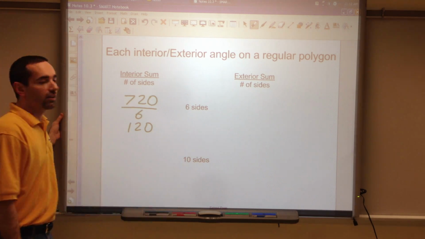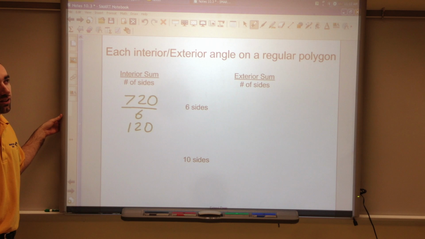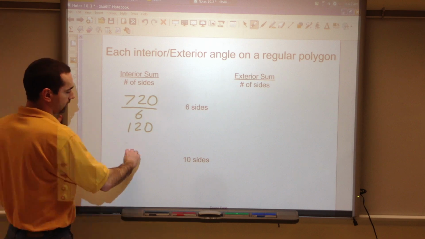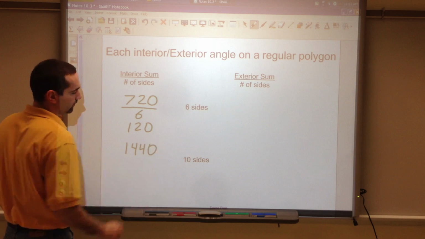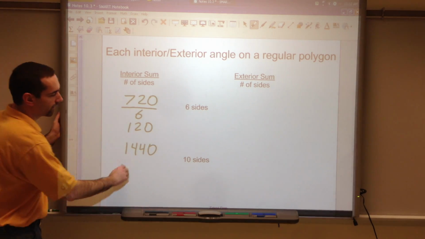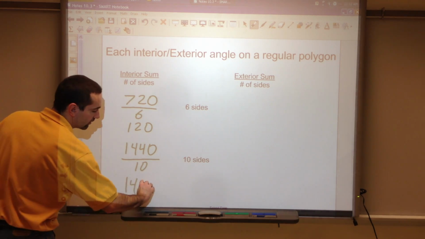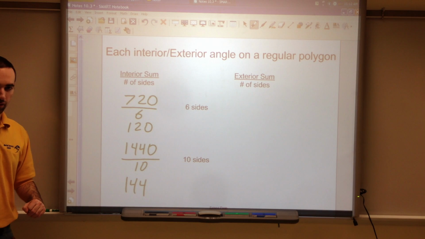A 10-sided polygon has an interior sum of 1440. Divide by 10. The interior angle is 144.